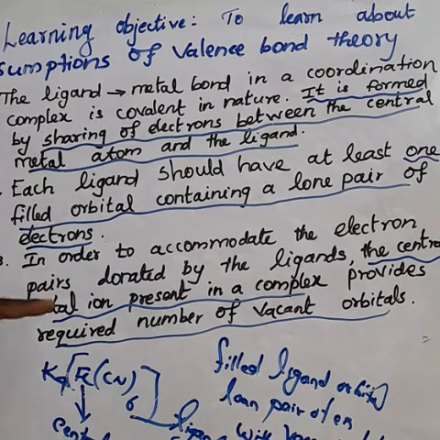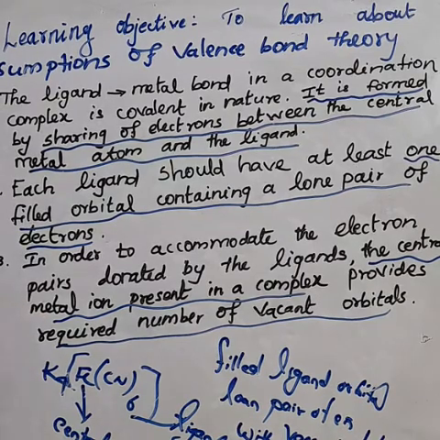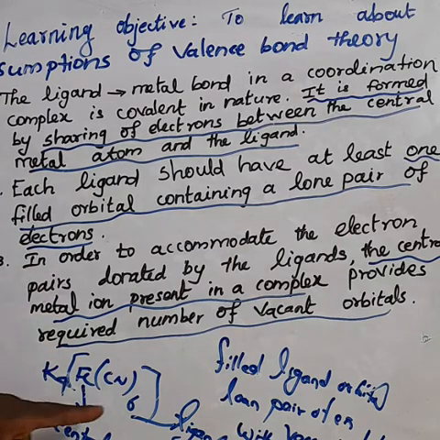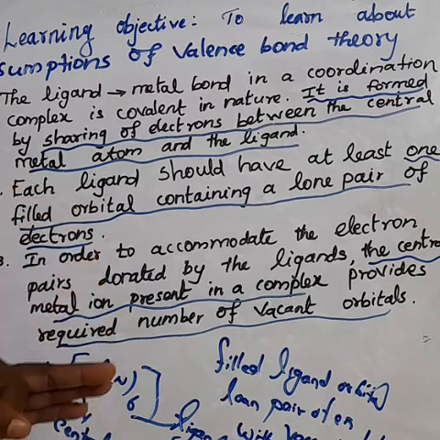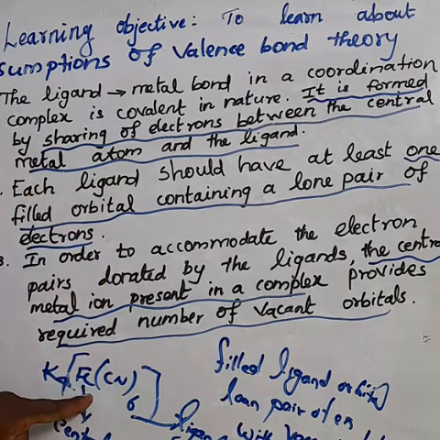In order to accommodate the electron pair donated by the ligand, the central metal atom present in the complex provides the required number of vacant orbitals. This is the important point.